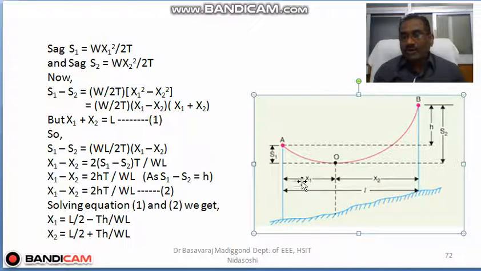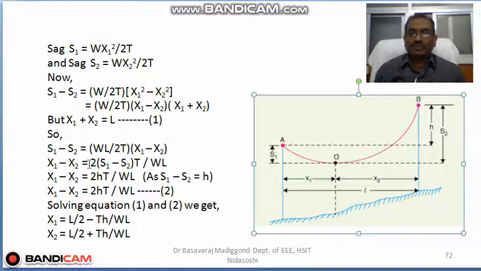And we know that x1 plus x2 is equal to L. Substituting that, S1 minus S2 is equal to WL by 2T into x1 minus x2.